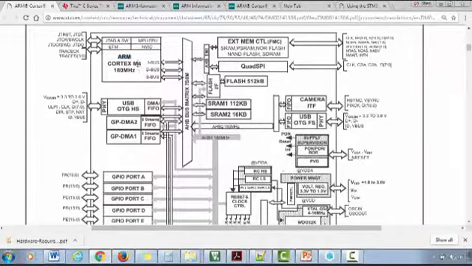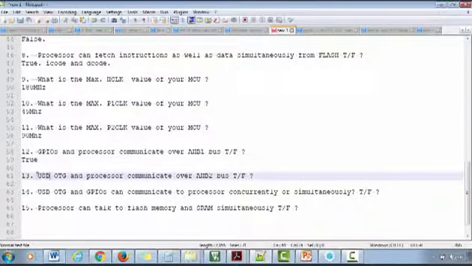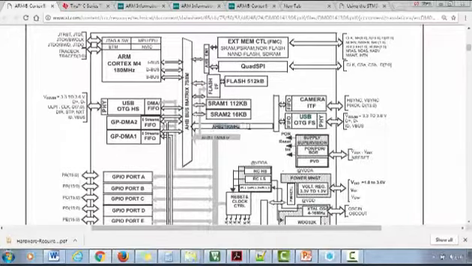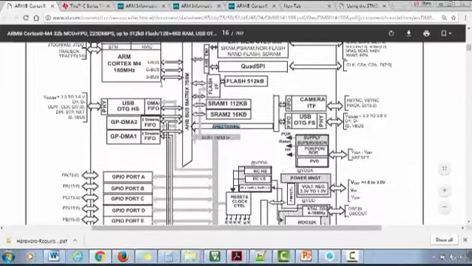Next, USB OTG and processor communicate over the AHB2 bus. True or false? That's true, because here is a USB OTG peripheral that is connected to the AHB2 bus, and finally it is connected to the bus matrix. Then it will talk to the Cortex processor over the system bus.